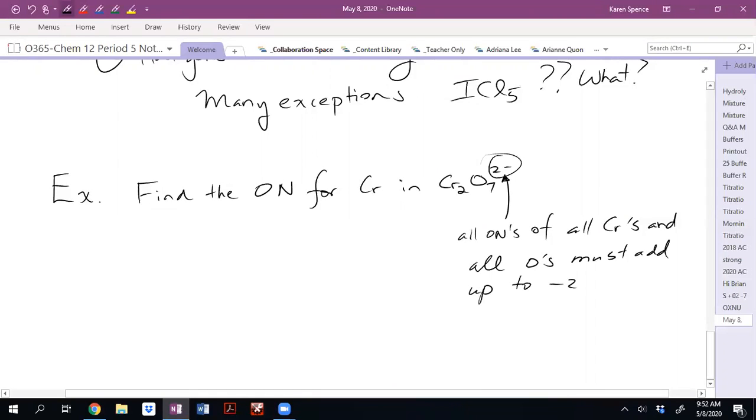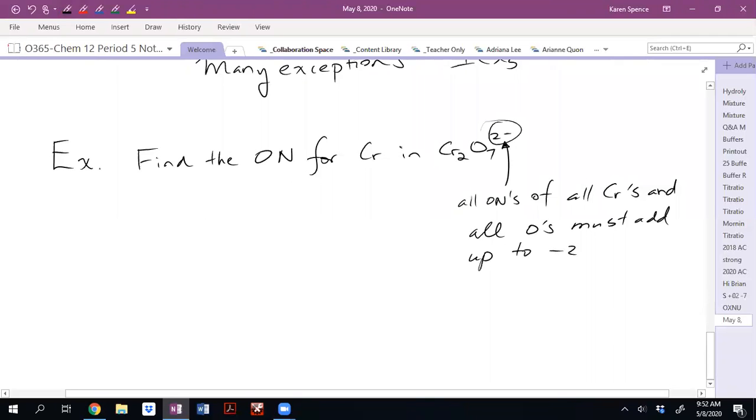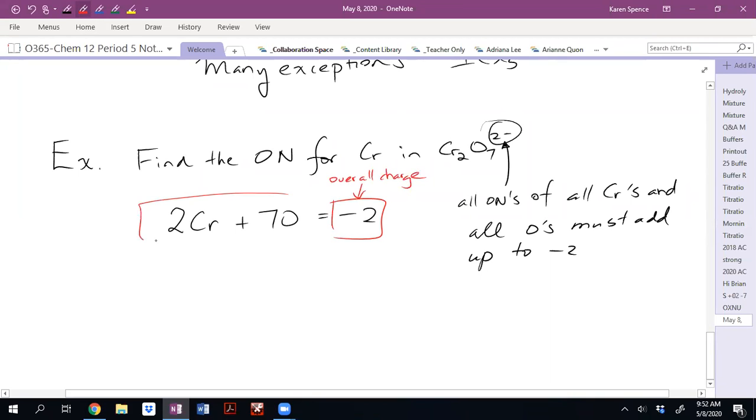So what this means is we can set up an equation that looks like this. We have 2 chromiums and we have 7 oxygens. And when we add those things up, we get an overall charge of -2. Over here, what we're doing is we're simply adding up the number of each element.